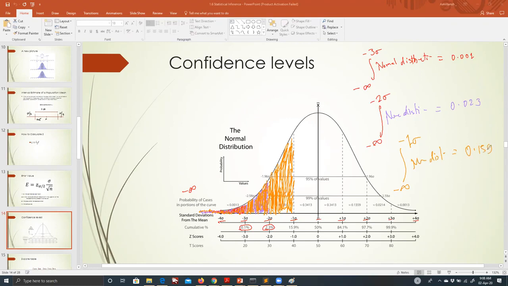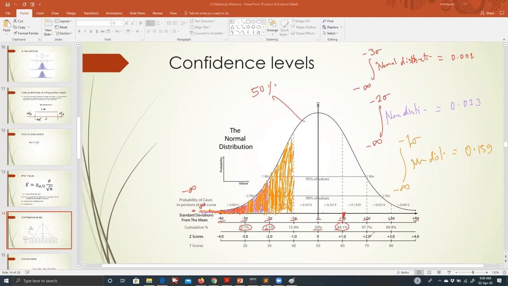And of course, if it is a well balanced graph, from negative infinity till 0, or till the mean, you will get exactly 50% of the curve. And similarly, you can keep going ahead. Beyond 50, if you go till positive 1 sigma, then it is a total of 84.1% of the population.